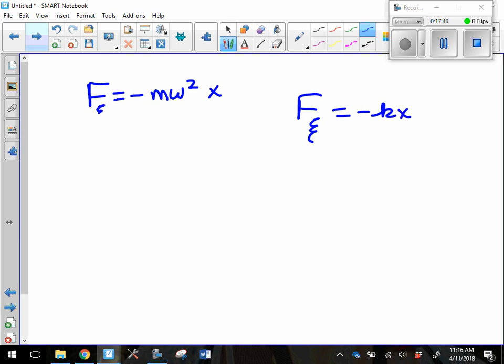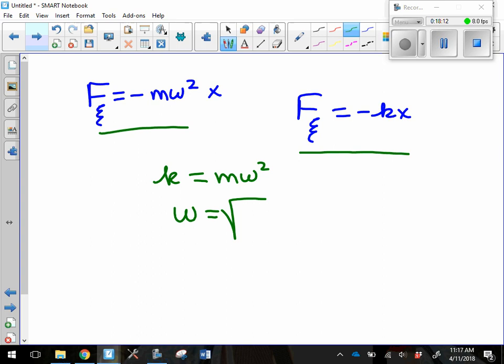So if it's a spring force that's driving my motion, then if I compare these two equations, what's k equal to? M omega squared. Which says that omega is the square root of k over m.